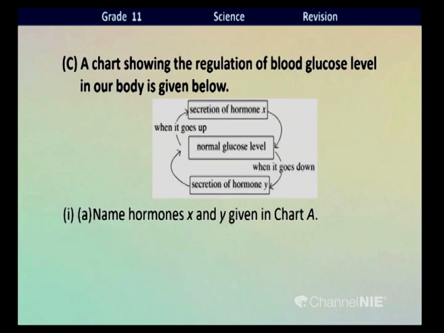When the normal blood glucose level goes down, another hormone called Y is secreted. Children, do you know the normal blood glucose level of a healthy person? In the blood of a healthy person, it is 90 milligram per 100 cubic centimeter of blood.